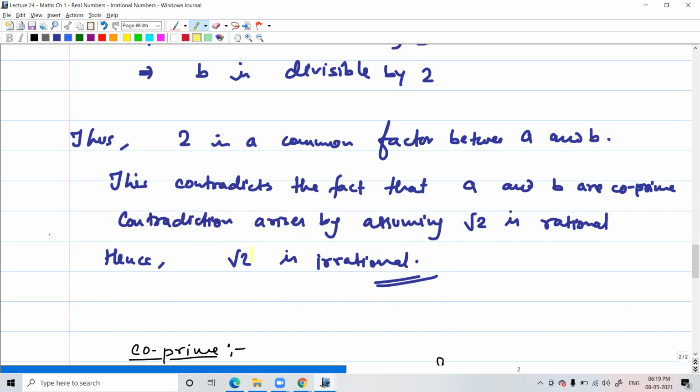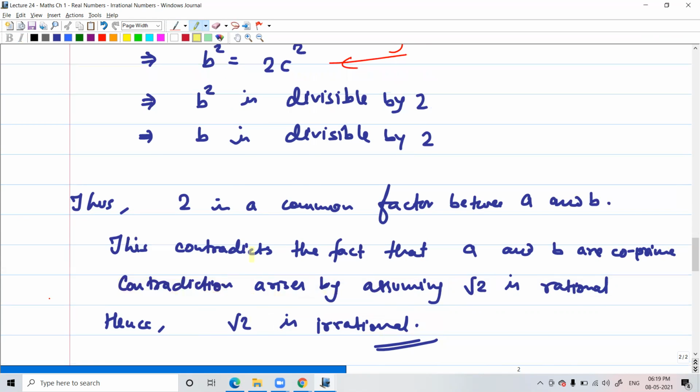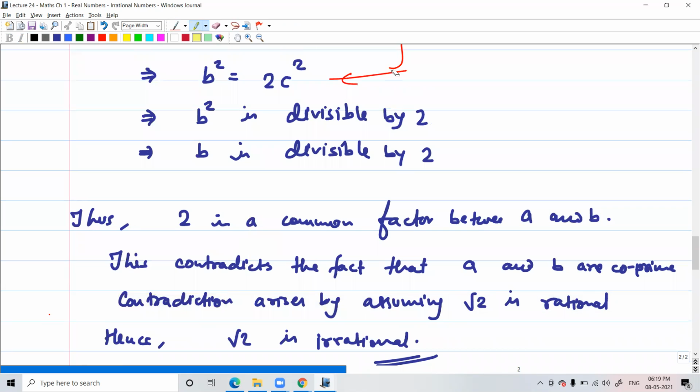Sir, in place of root 2, if there was any other number, then do we have to write A and B are co-primes there also? Yes, actually we will be doing that. We will be proving that root 3 is irrational, root 5 is irrational.